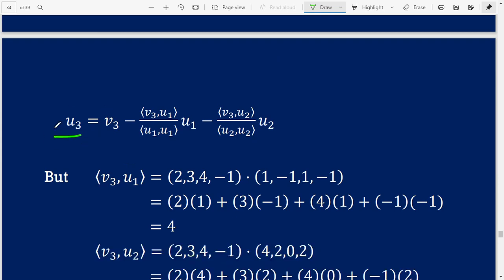So to find U3, we have the value V3 minus inner product V3 with U1 upon inner product U1 with U1 into U1 minus inner product V3 with U2 upon inner product U2 with U2 into U2.